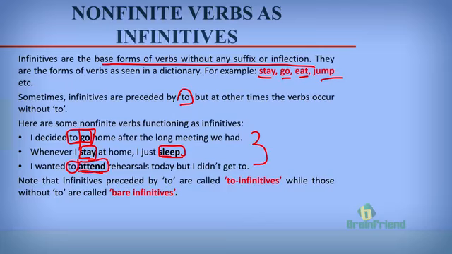Attend is an infinitive. Note that infinitives preceded by to are called to-infinitives, while those without to are called bare infinitives. When you find the base form of a verb in a sentence with the preposition to occurring before the verb, that expression is known as a to-infinitive. But when you have just the base form of a verb without the preposition to, it is known as a bare infinitive.